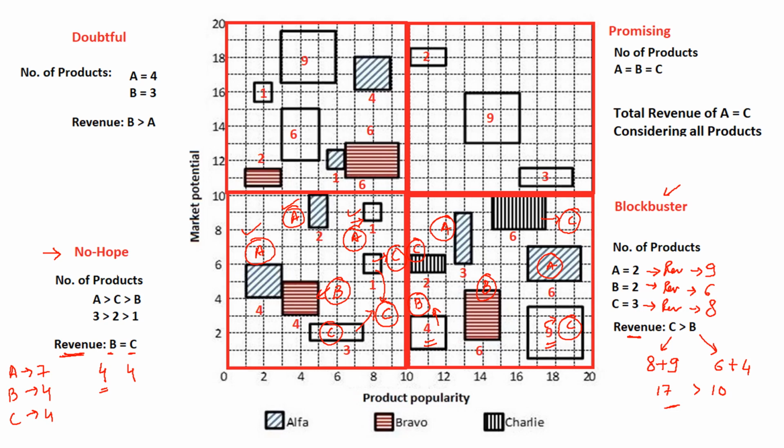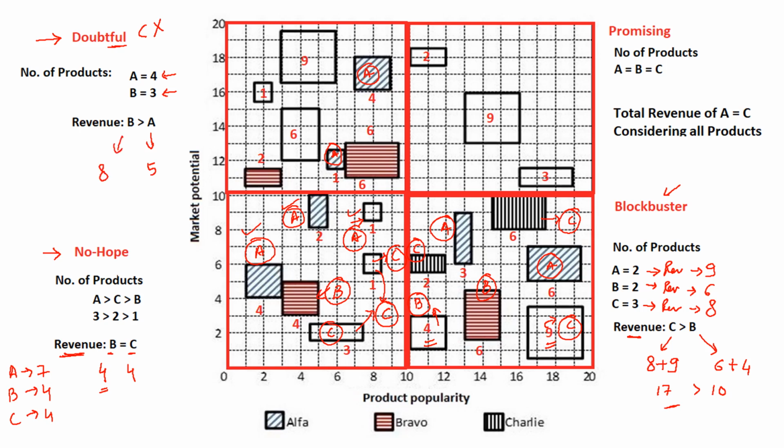Now we will do the same procedure for doubtful, but we know that there were no C company boxes in doubtful. So the number of products of A in doubtful is 4 and the number of products of B is 3, and the revenue of B should be greater than A. As of now A is having these two products whose revenue is equal to 5, and B is having the revenue of 8.